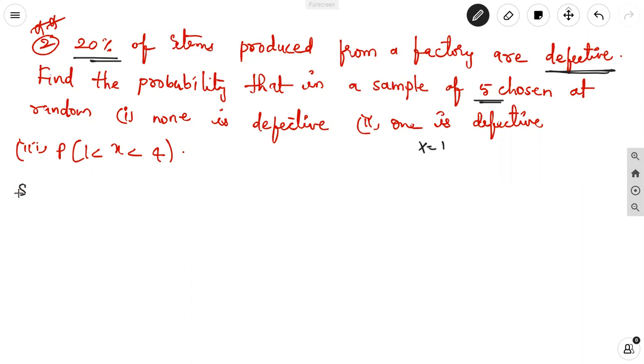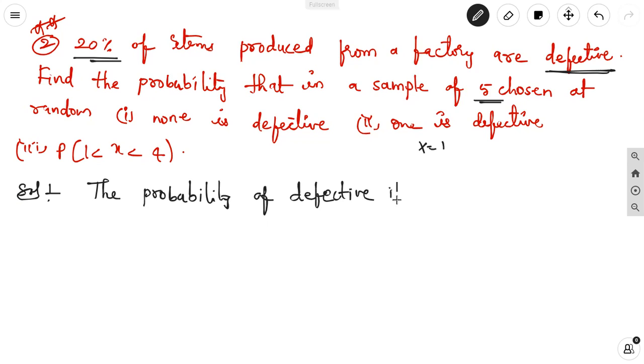Okay. First of all, we take what they have given. The probability of defective items, small p, equal to 20 percentage, that is equal to 0.2, or 20 by 100, that is 0.20.